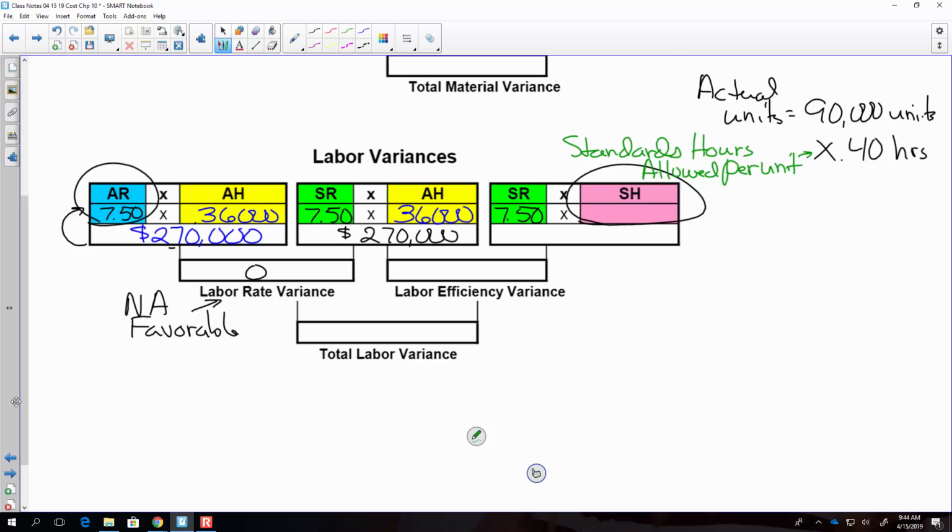This 0.4 is the standard hours allowed to make 1 unit. So this obviously is 36,000 hours.